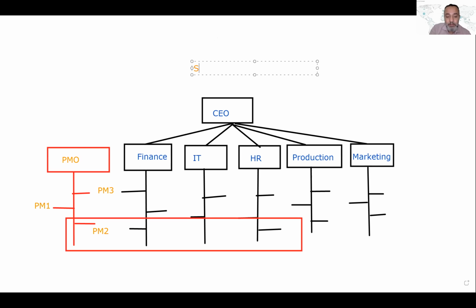What do you think we could call this structure? Yes, this is the strong matrix structure. Obviously, for the reason that project managers now have strong authority levels, and they have even more power on their projects than the functional managers.